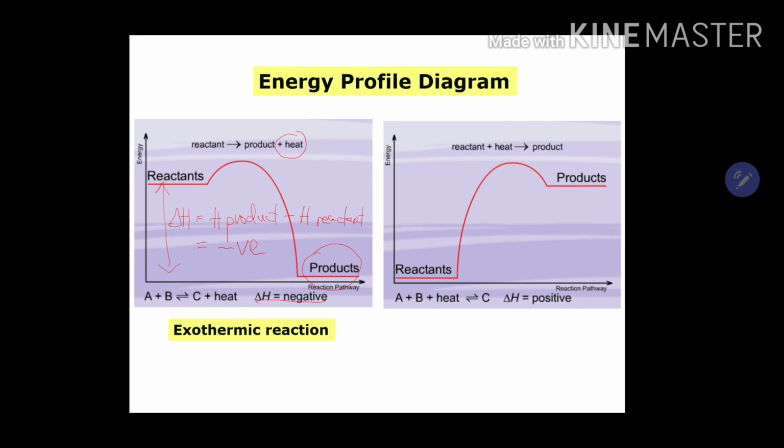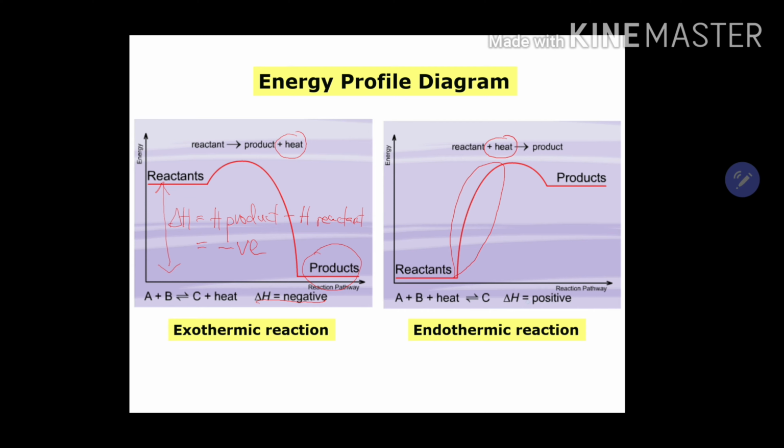Now in endothermic reaction, we can see that in order to produce product, the reactant absorbs heat from the surrounding. So we put heat beside the reactant.